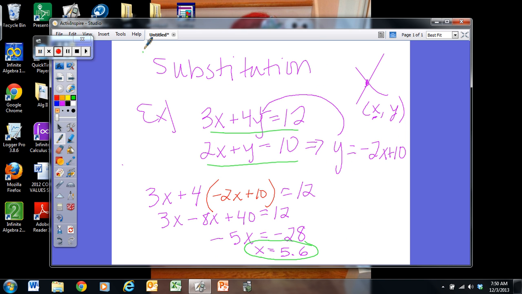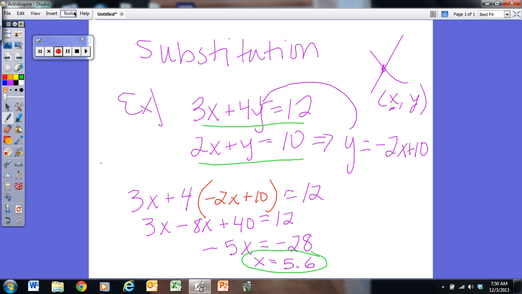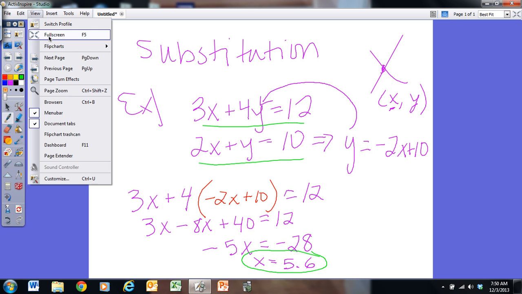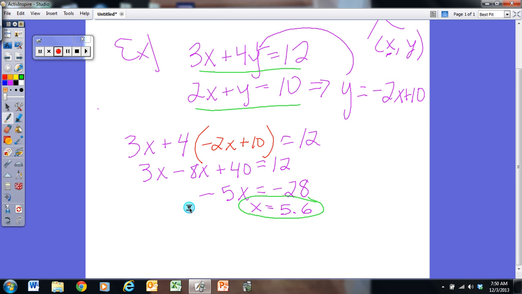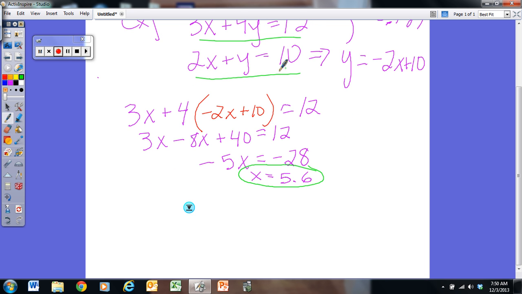Doesn't matter which one. I'm going to take the bottom one. So I'm going to go 2 times 5.6, because that's what x equals, plus y equals 10.